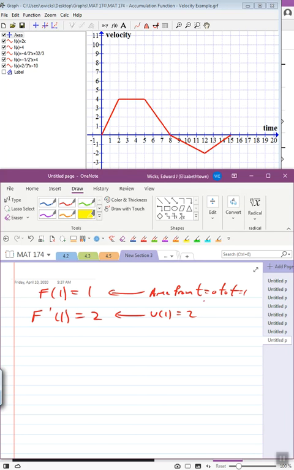It's the area of that little triangle that we looked at in the picture. What's f double prime of 1? Now's the time to ask about that second derivative. F double prime of 1.